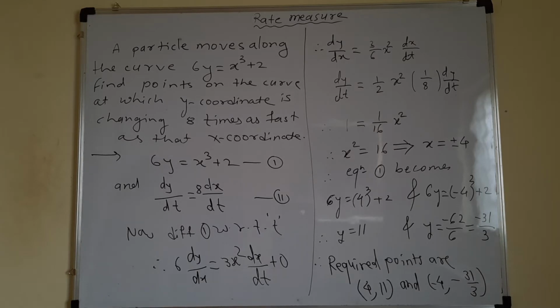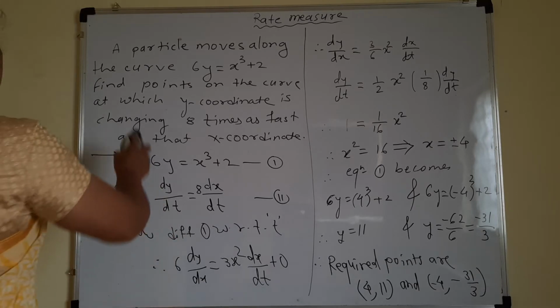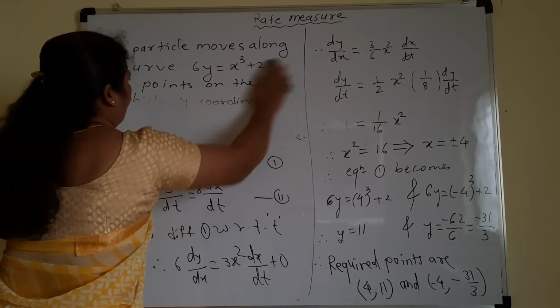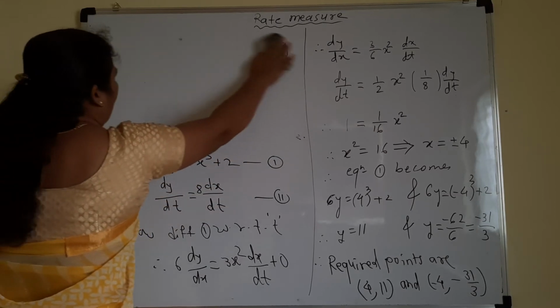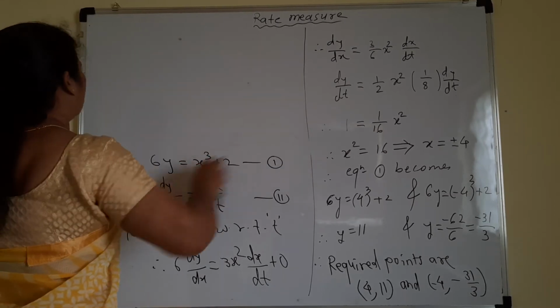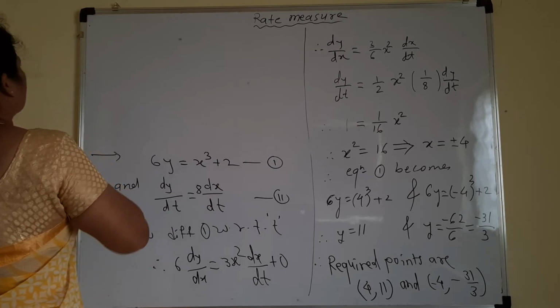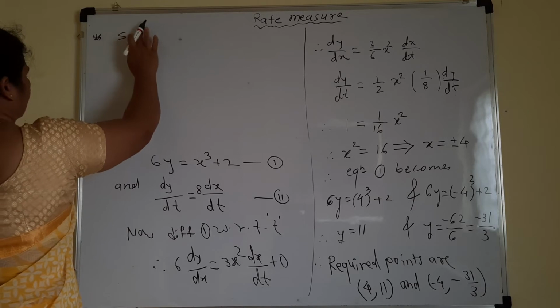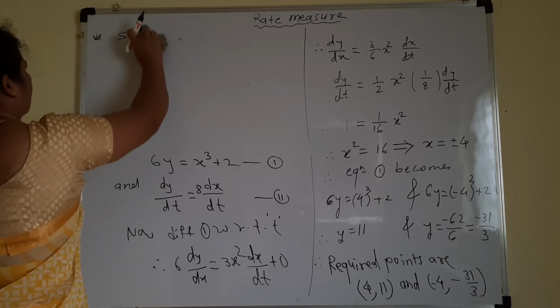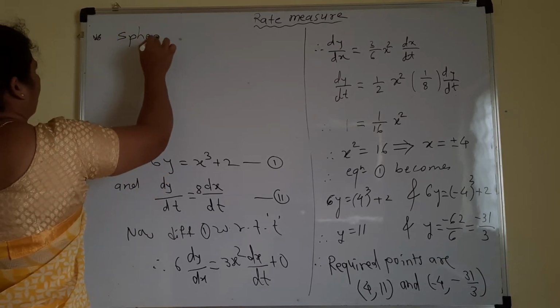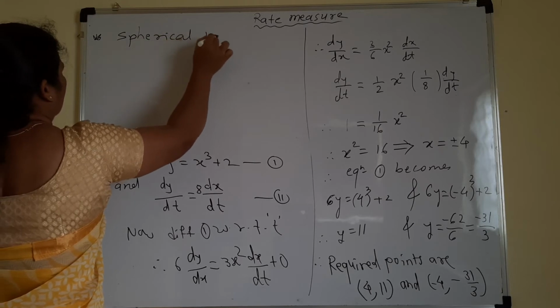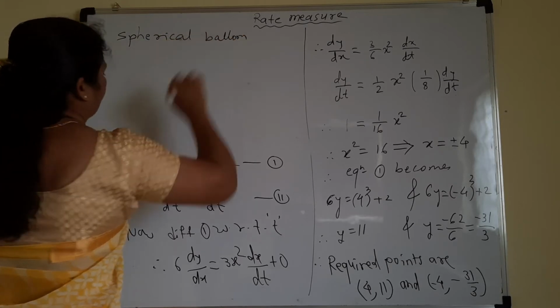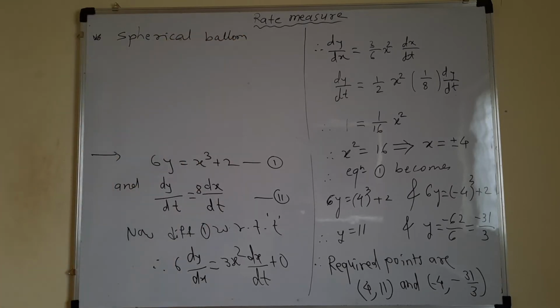Write down, the surface area of a spherical balloon is increasing. Balloon is spherical, I will write only that. Spherical balloon. This is an example from your textbook. Ninth example is there.